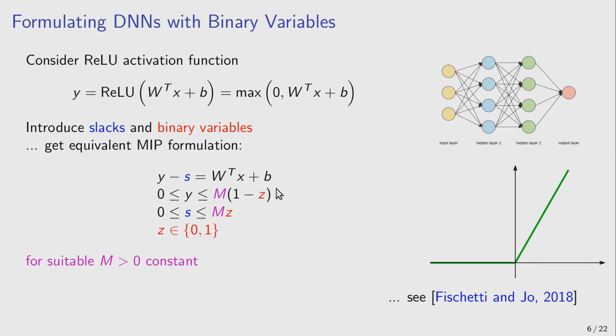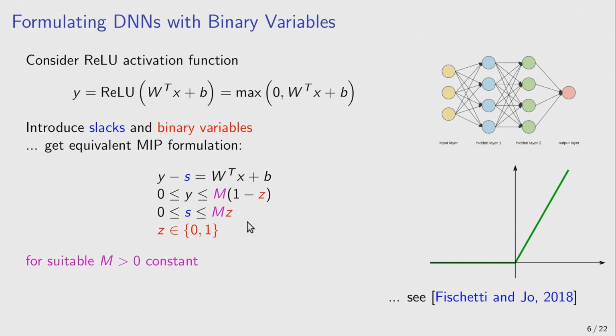M is a large positive constant, and if z is equal to 0, then s is 0, y is equal to w transposed x plus b, and y is non-negative. So for z equal to 0, we're on this part of our max function. And if z is equal to 1, then I'm in fact on this part of the max function.